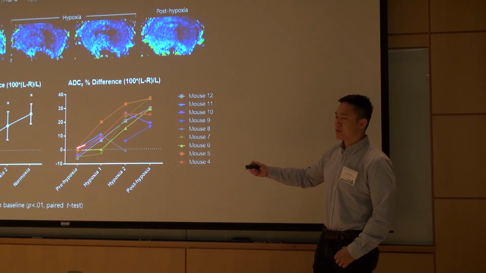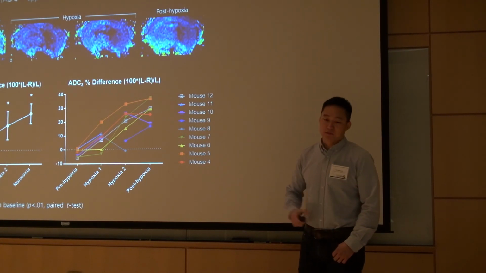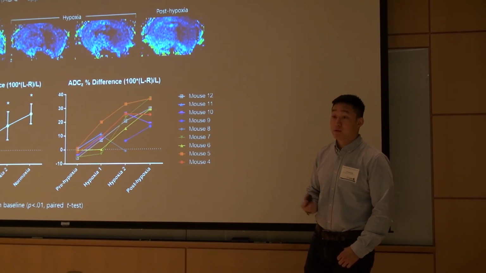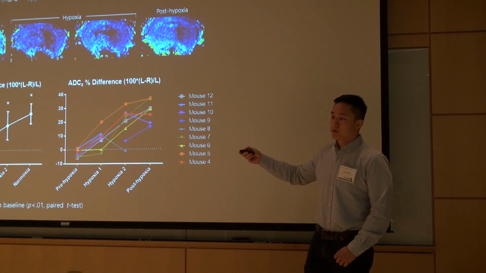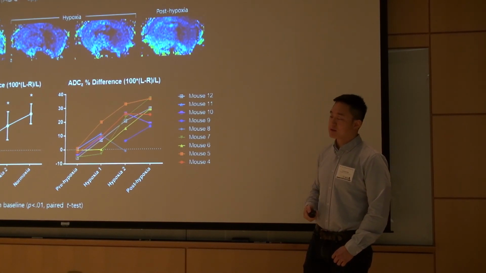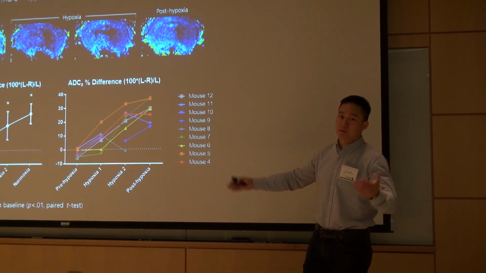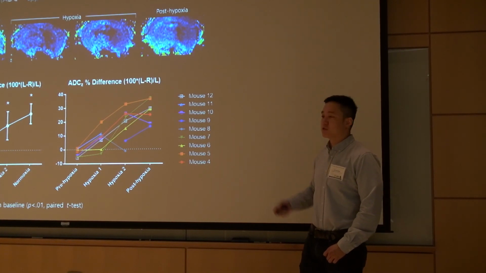I didn't acquire the right data this time, but I think it kind of shows an example of why simultaneous imaging could be important, because you're able to track individual animals on a case-by-case basis. Whereas if you were to do it sequentially or in separate groups of animals, you have averages that tell you these longitudinal changes.